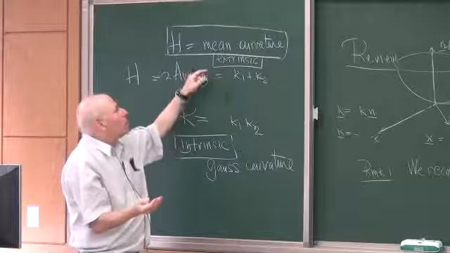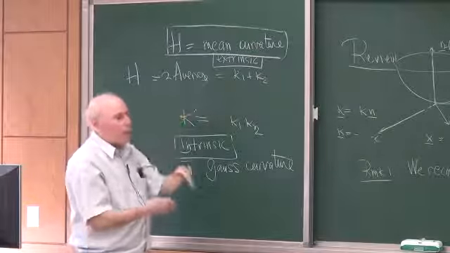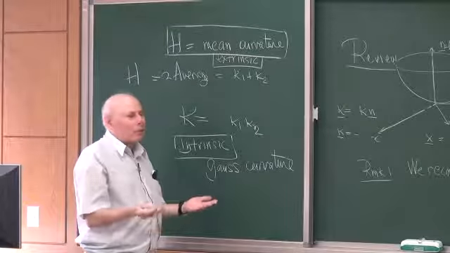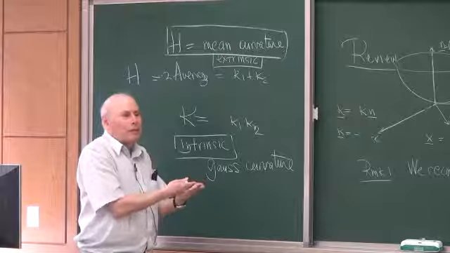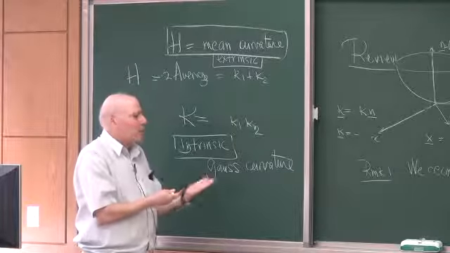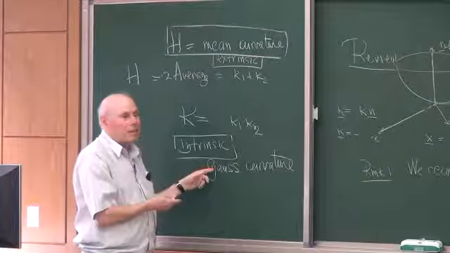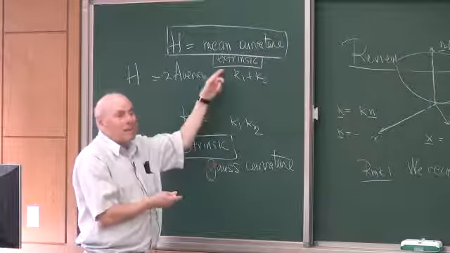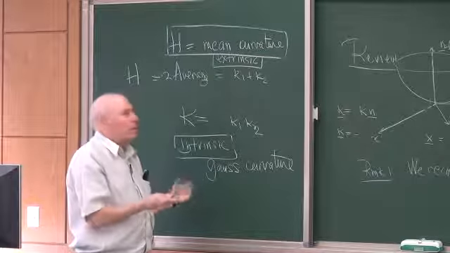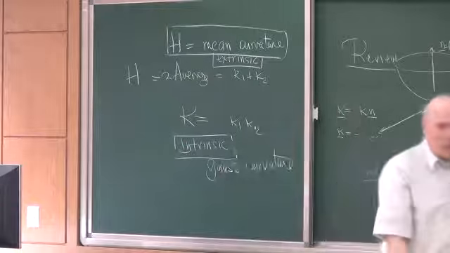So if you're developing a theory of surfaces, everything should be expressed in intrinsic information and not extrinsic, because extrinsic means you have to know information off the surface. So intrinsic becomes the crucial story here.